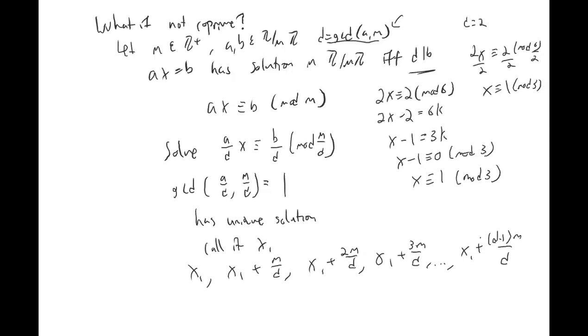Yeah, so let's do an example on this, right? So let's do something like 39x congruent to 52 mod 130. The first thing you should do is calculate the GCD of 39 and 130. What is that? So 39 is 13 times 3, right?